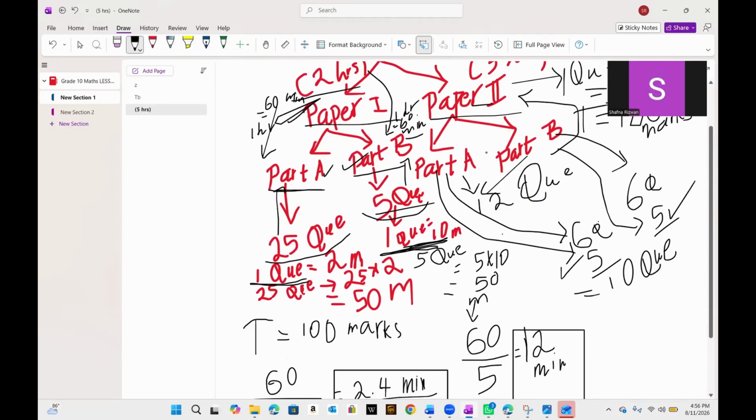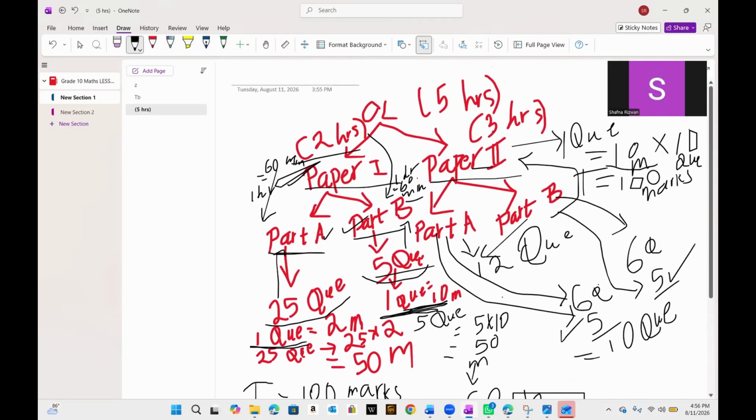Now if you take paper 2, I told you that in paper 2, let's see about time management. It will take around how much time? 3 hours. When 3 hours is given for paper 2, how can you separate it for part A and part B of the paper? You are going to take part A and part B in 3 hours.